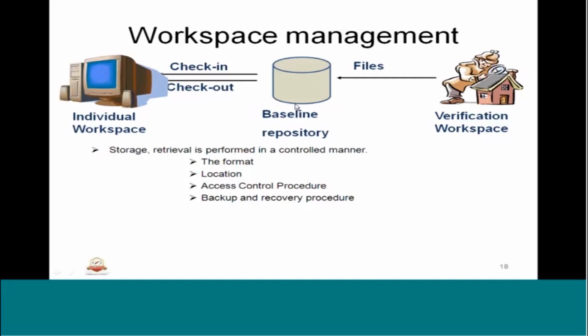And for testing and verification workspace, we have a separate repository and separate files, and that will again use the baseline repository. All these life cycles have to go through the repository, that is called the baseline repository, and it is part of the workspace management. This will all be taken care of by the individual, and the maintenance and control of that will be done by the CC, the change controller or configuration controller.